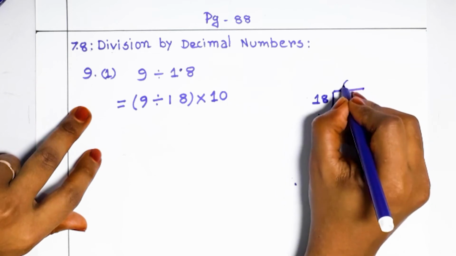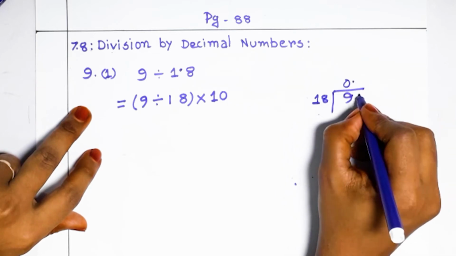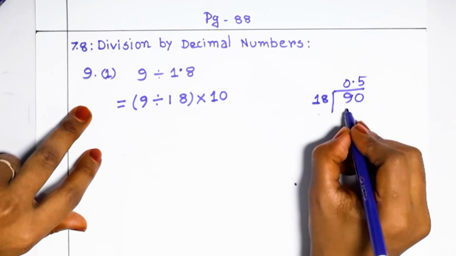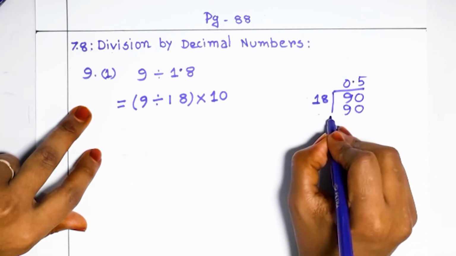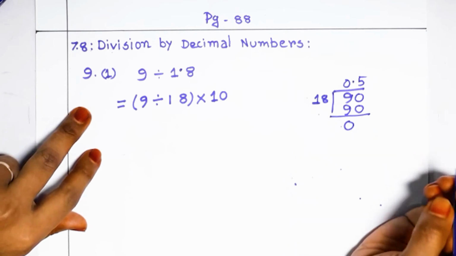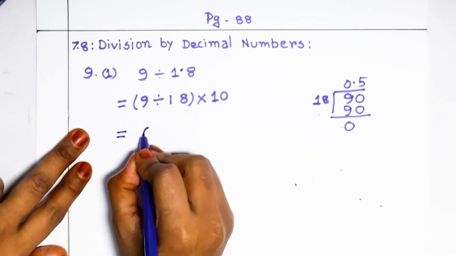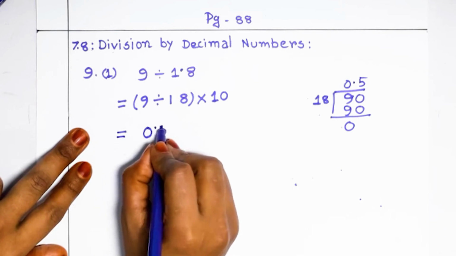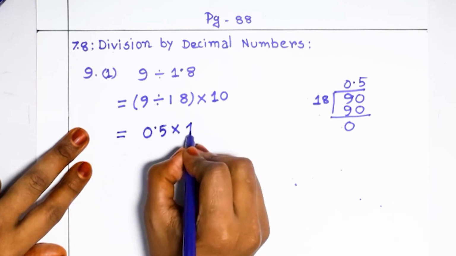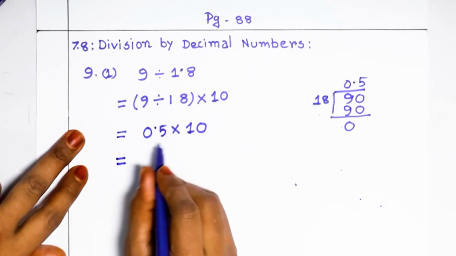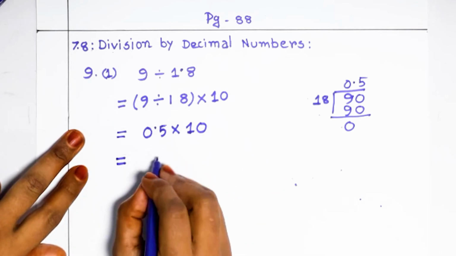So write here a point, give here a 0, then 18 5s are 90. So here is 0.5 multiplied by 10. So the answer will be 5.